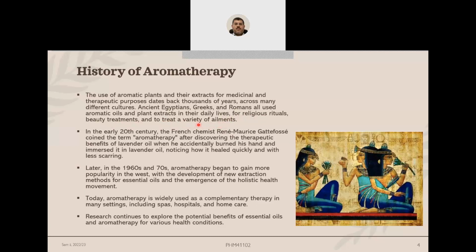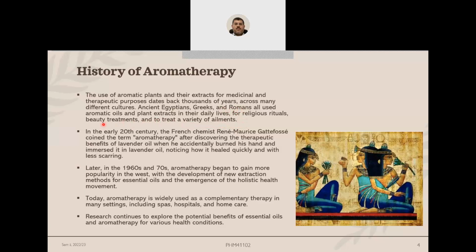There are a lot of texts in the old books from Egyptian, Greek, and Roman civilizations, even from Arab, Persian, and Indian civilizations. And they also detail the use of many of these aromatic plants and their extracts in treatments.